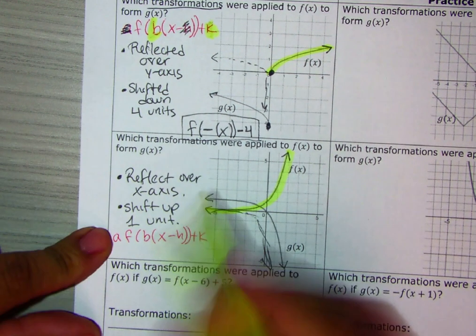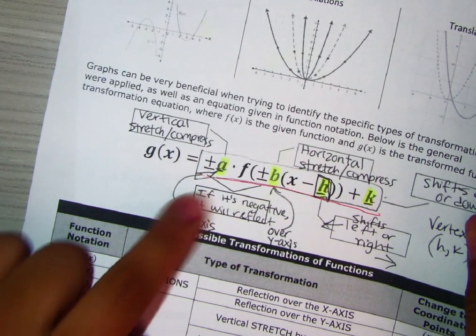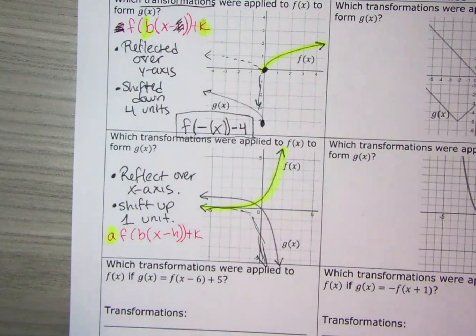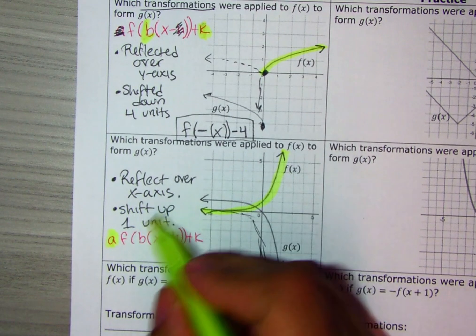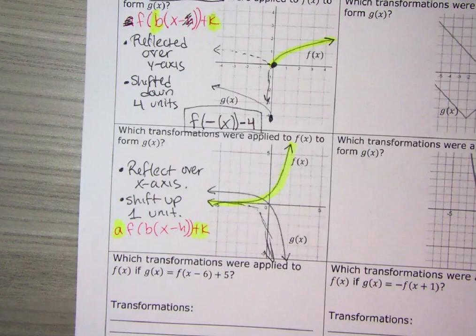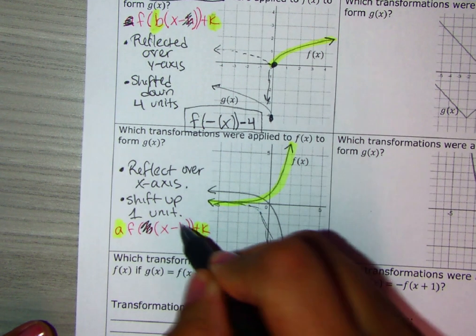So reflect over the x. Over the x, we talked about being the a value. So if a is negative, that's reflection over the x. And then shifting up 1 unit. So that k is the shifting up and down. So that's the one that's affected. We are not using the b or the h.